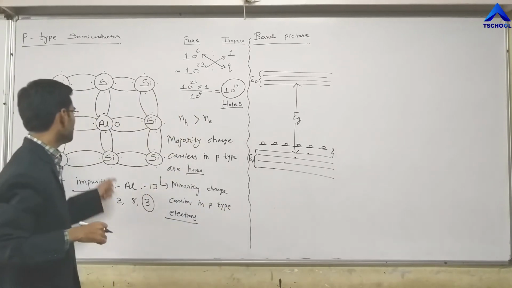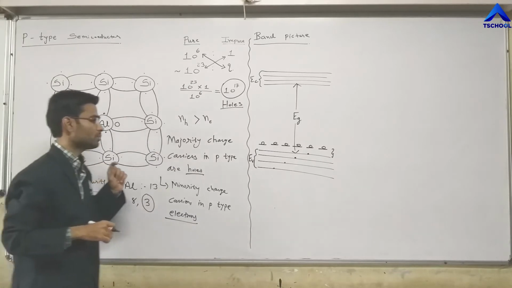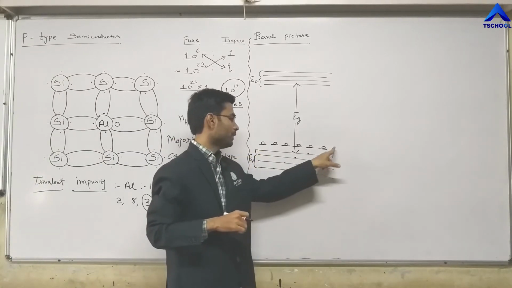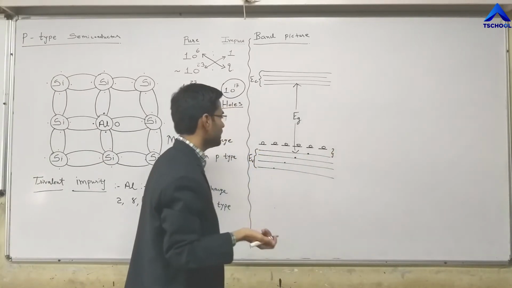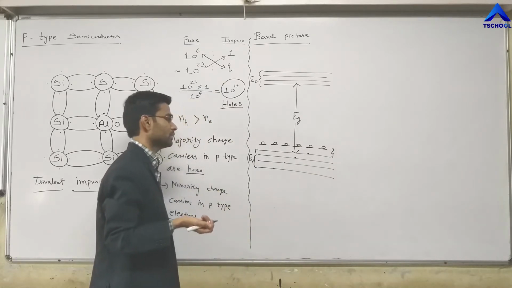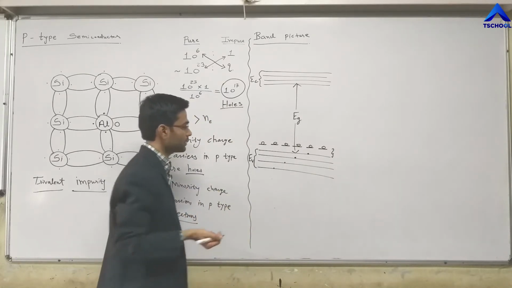Here we use a silicon crystal, that's why the energy is 0.05, and that energy is available at room temperature, as we have seen in the n-type semiconductor.